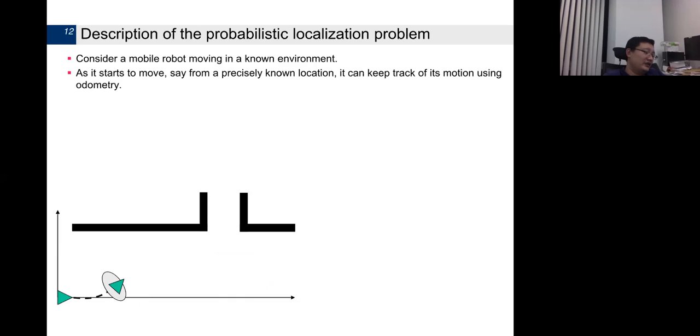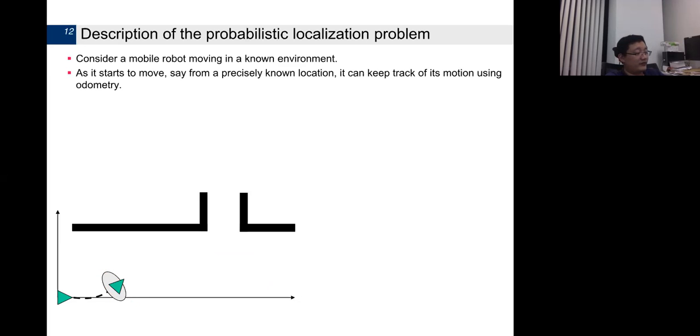When the robot starts to move, the distribution of the uncertainty will change. It will change from a point estimation to a two-dimensional Gaussian. This is the shape of the 2D Gaussian.